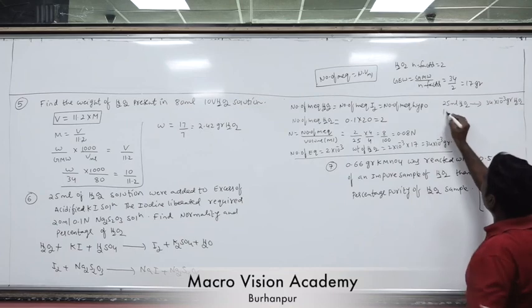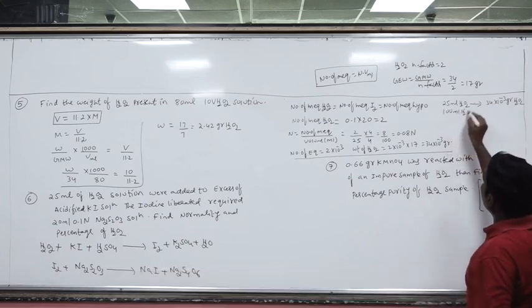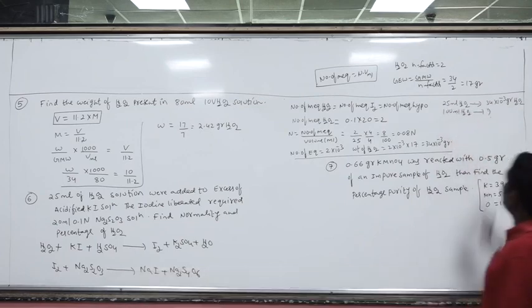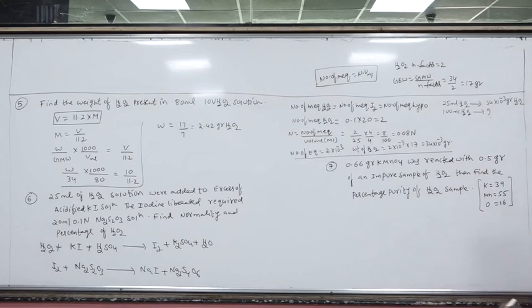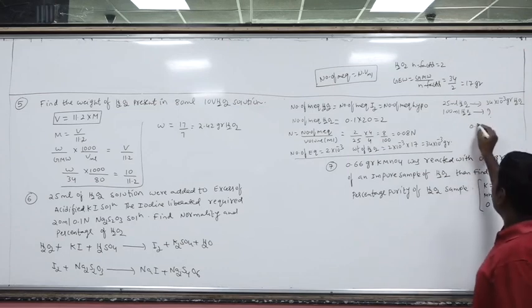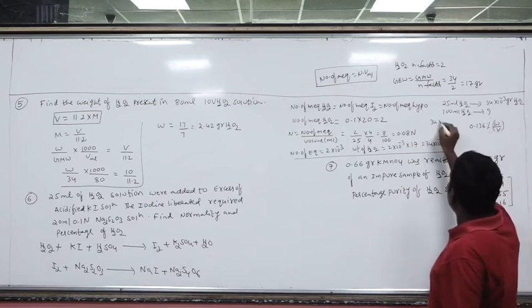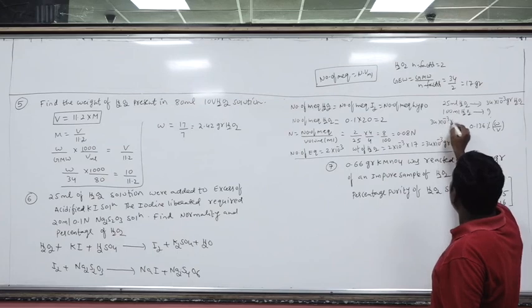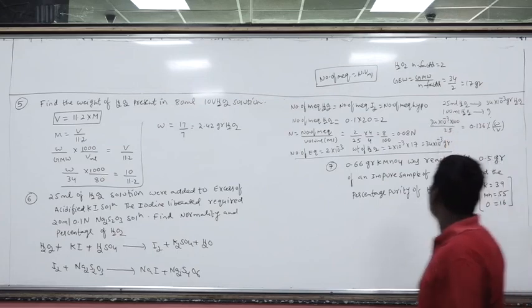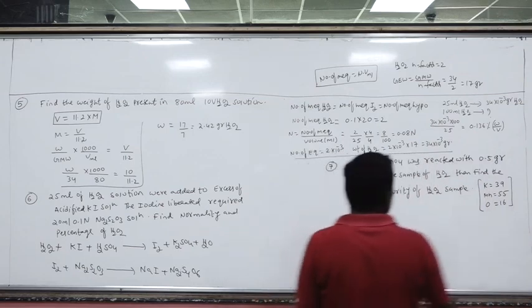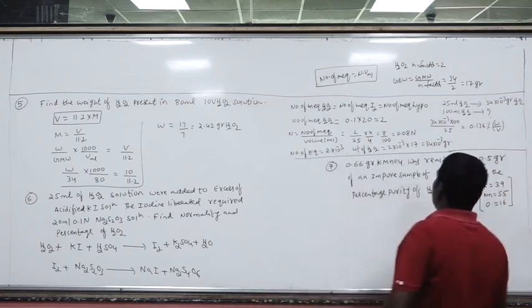So in 100 ml solution, definitely there will be 4 times the weight, yes or no? That will be 34 into 10 raised to minus 3 into 100 divided by 25, which is 0.136 percent W by V.